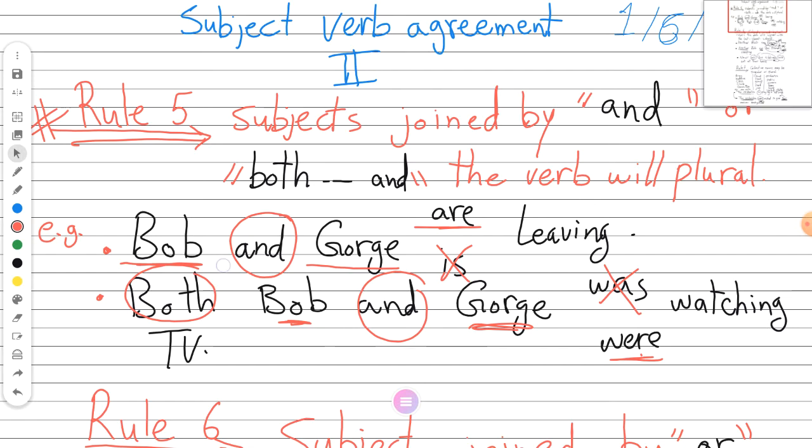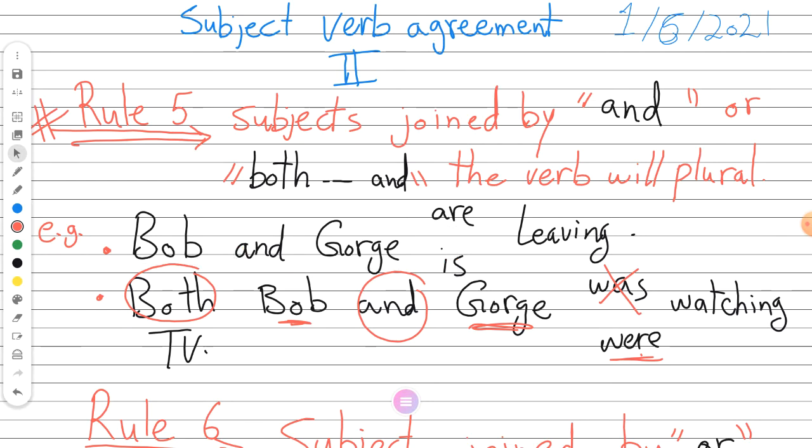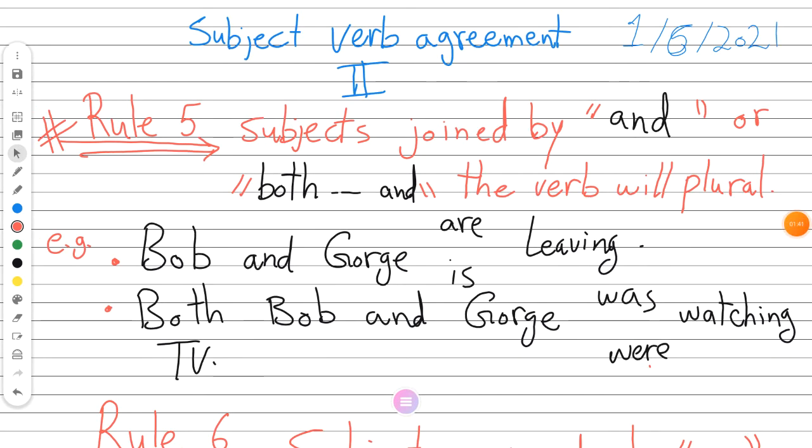Look at this example. Bob and George are or is leaving.